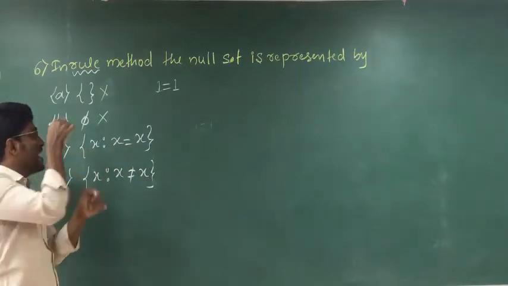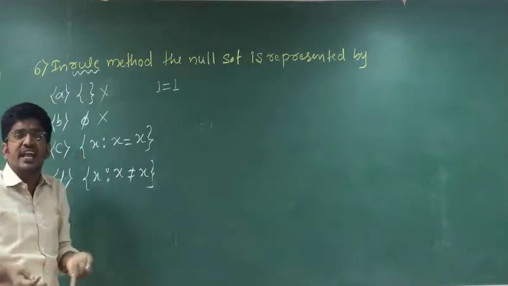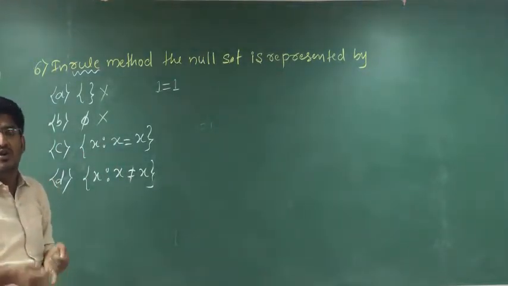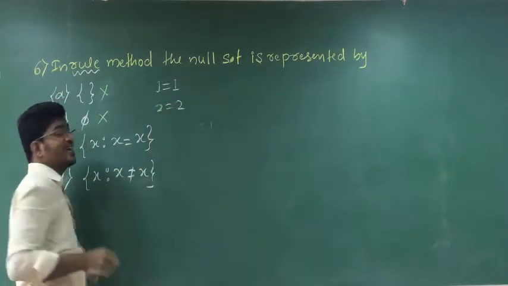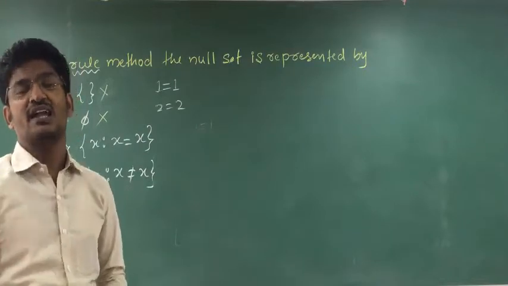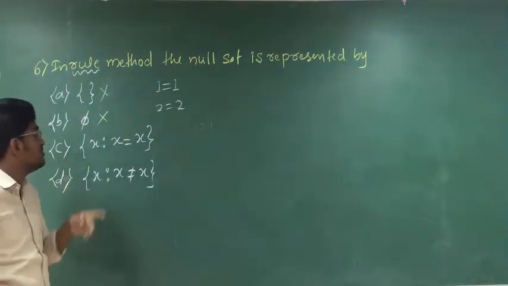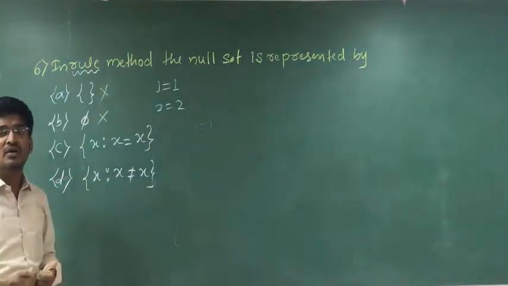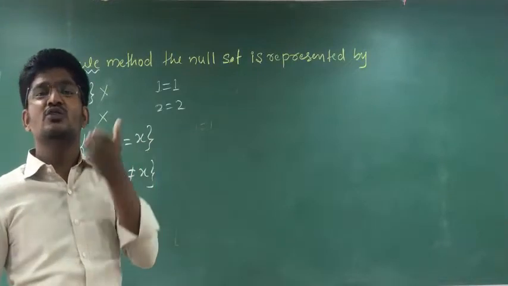That type of x has to be written in this set. I can write 2, I can write 3, I can write 4, I can write any real number. I can write any complex number also in this set. No problem, because those numbers are always equal to themselves.